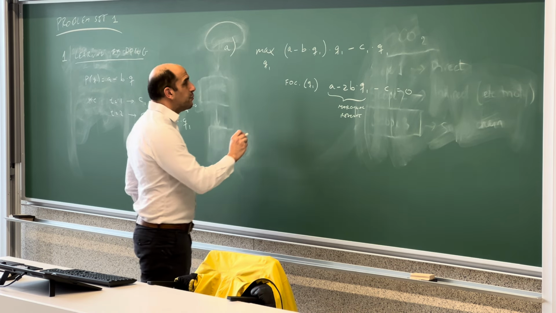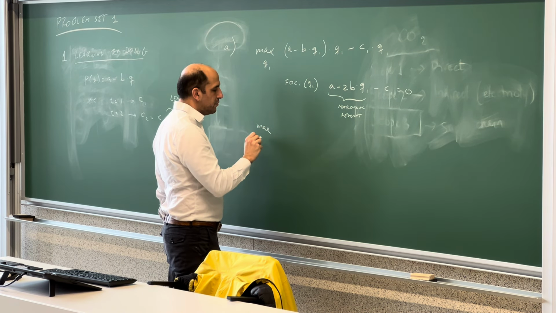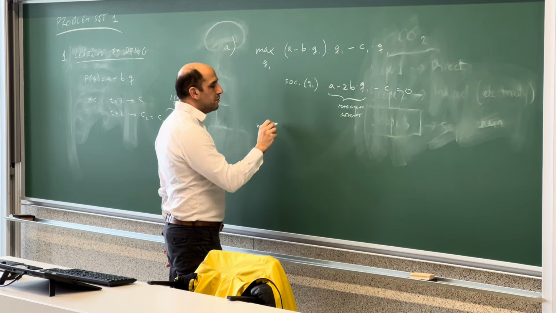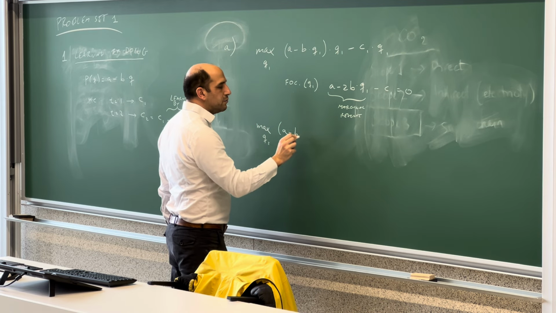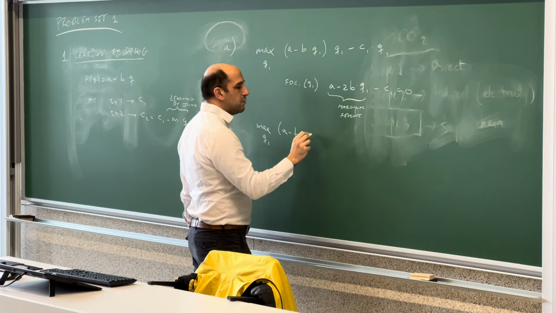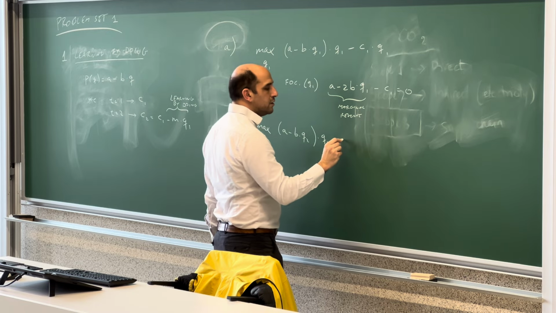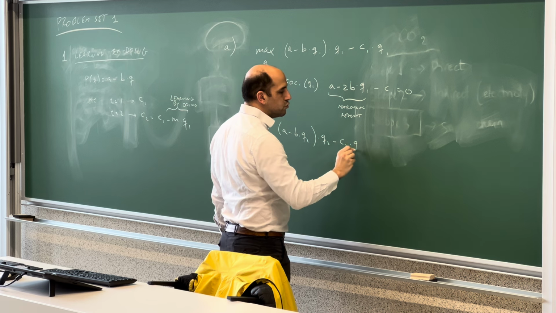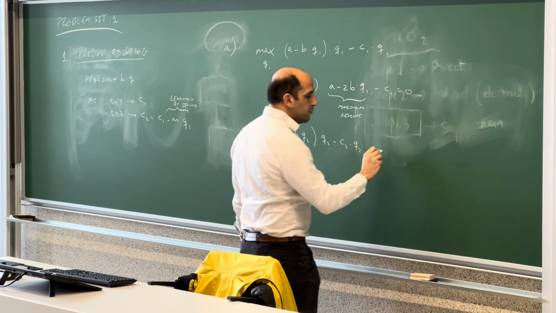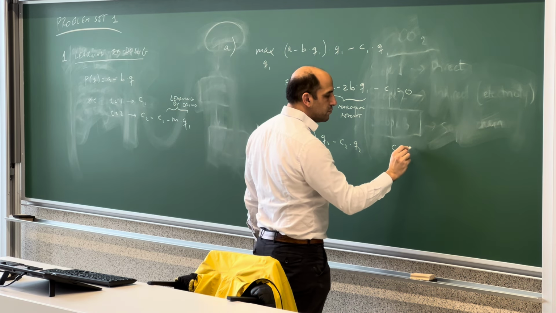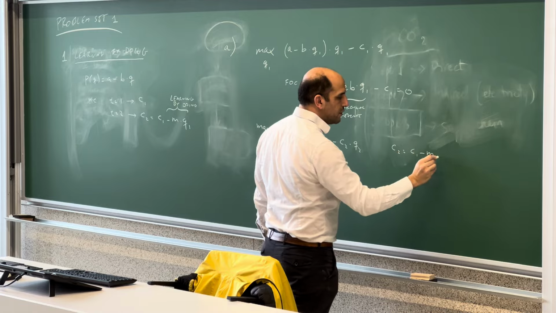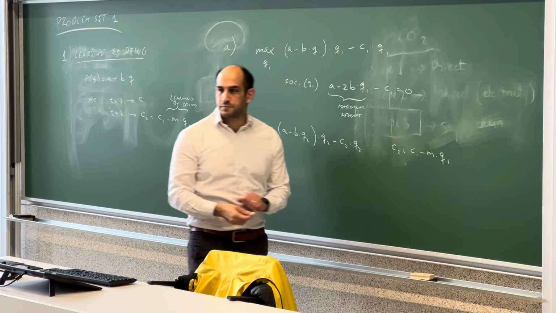Okay, and then we have the problem in period 2. Maximize in Q2, A minus B times Q2, times Q2, minus C2 times Q2, where C2 is equal to C1 minus M times Q1.